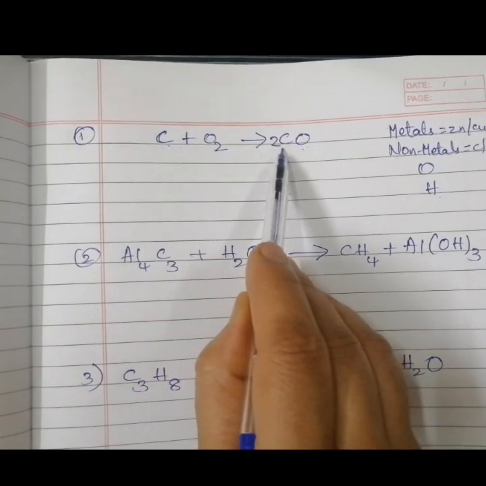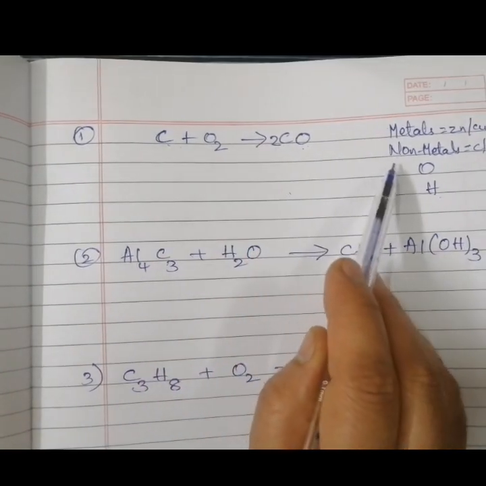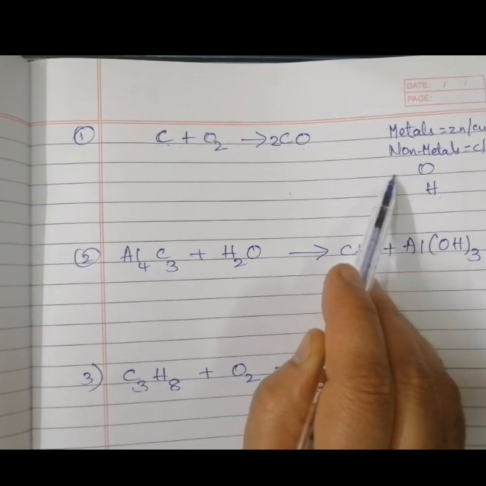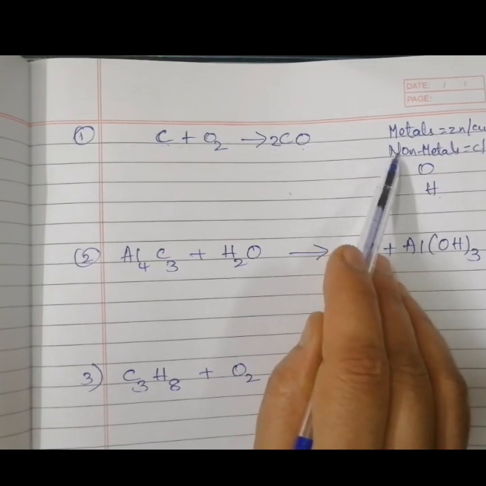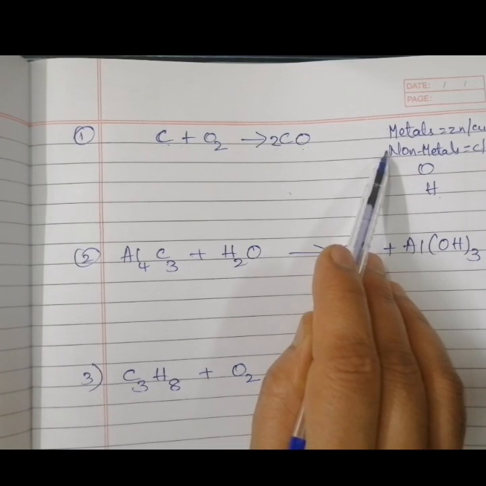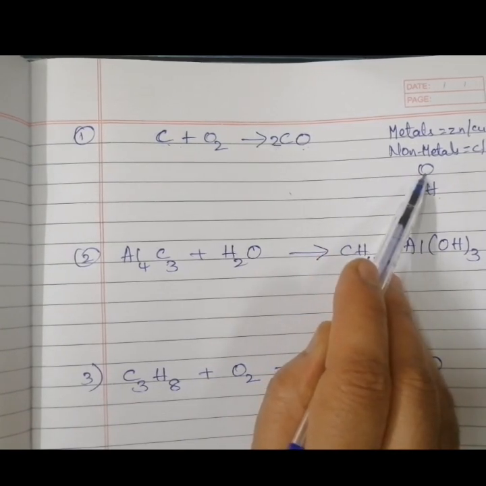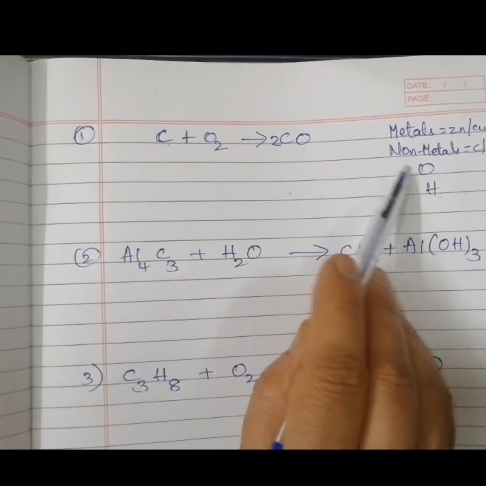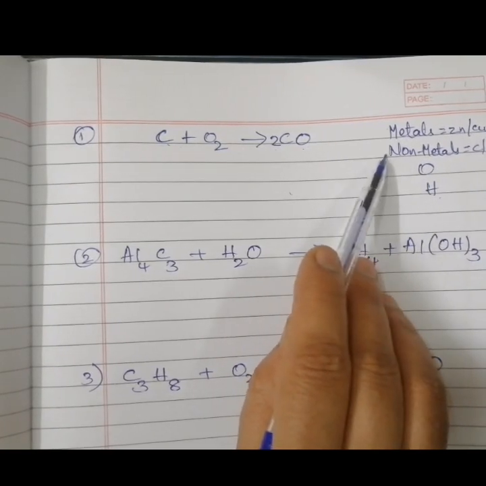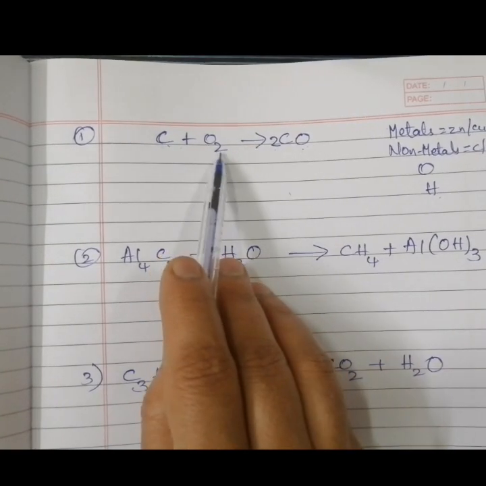One carbon, two carbons. That's the reason I said that after balancing the oxygen, we have to go back to the previous step and check whether the non-metals are still balanced, because while balancing the oxygen, the balance of the non-metals can change.